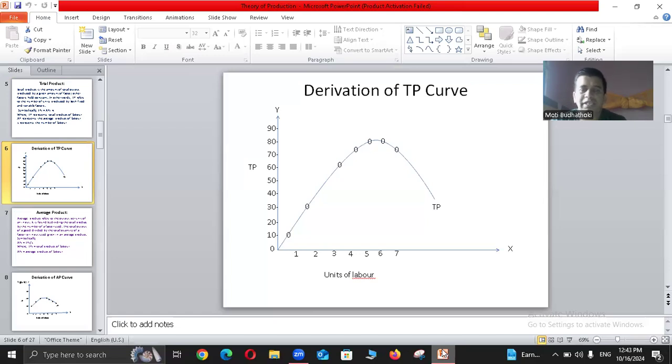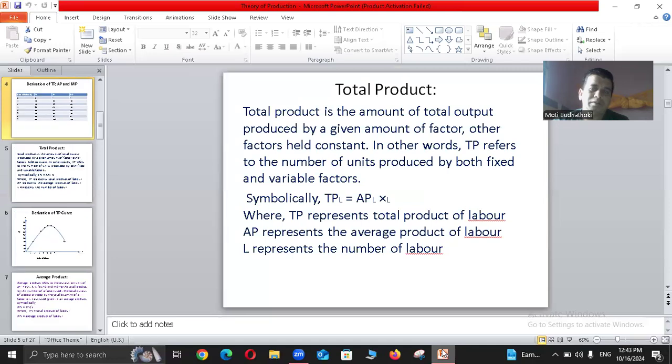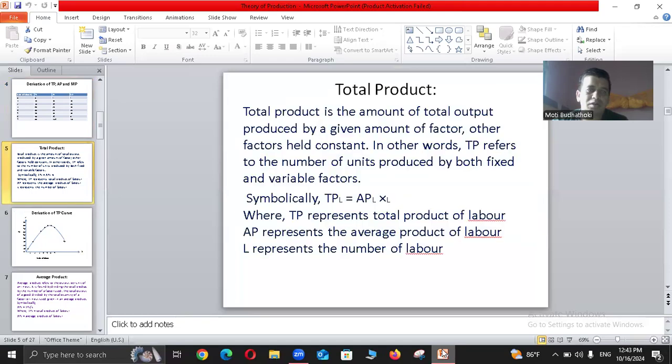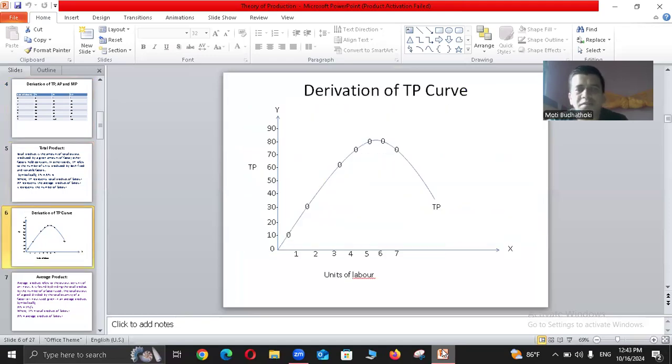We can see here the total product up to 90, and this shows the highest number of output is when we use fifth and sixth unit of labor, that is 90 units.